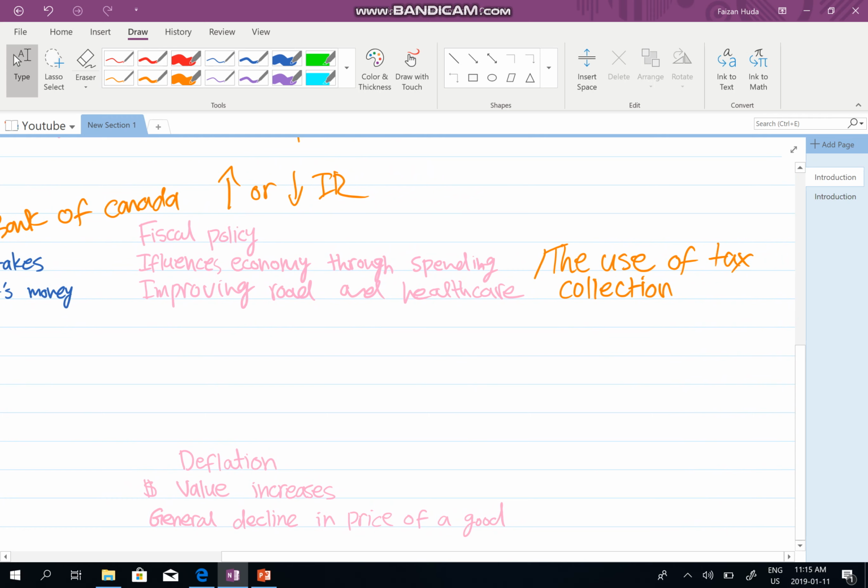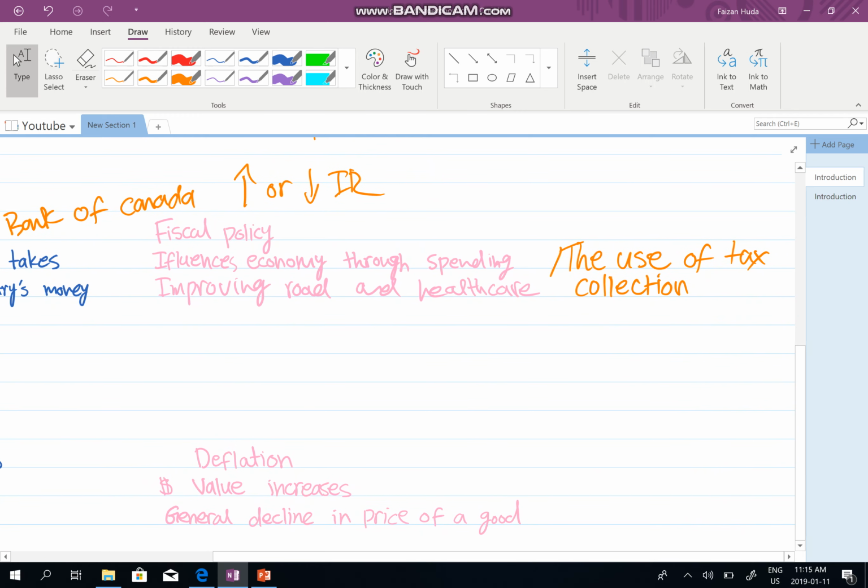For example, it spends our tax money on education and the healthcare system, which in return benefits a country's economy. They could also spend money to improve roads, healthcare, the education system, and stuff like that.